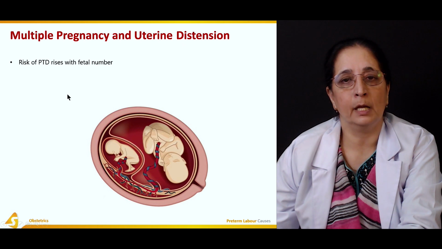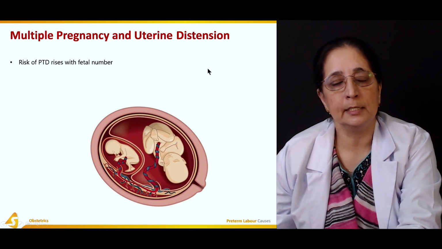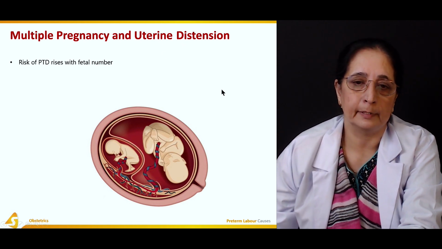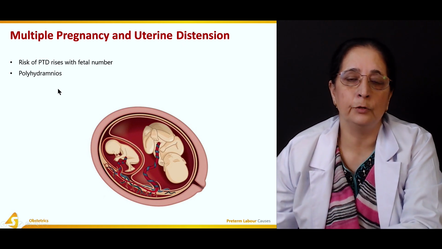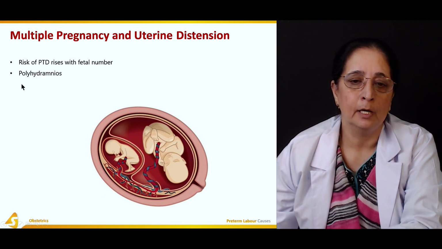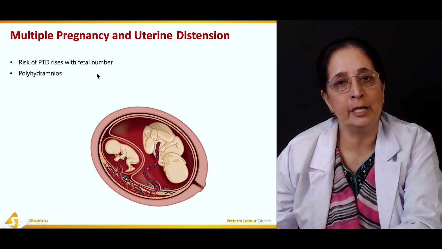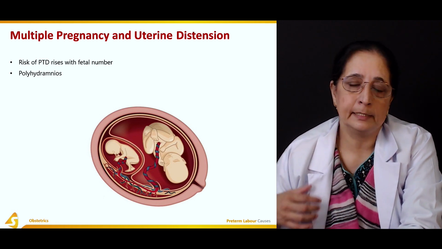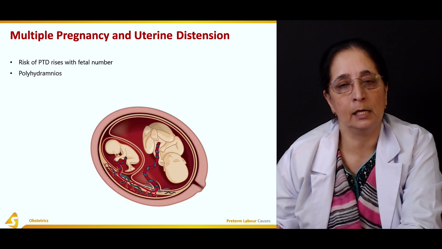And then another reason for uterine distension might be polyhydramnios, in which amniotic fluid is present in excess amount, and this can cause distension of the uterus and early onset of the labor.